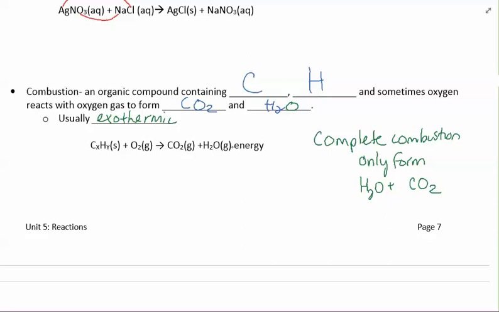You might have a carbon monoxide detector in your house. It's a very poisonous gas, so that would be another example of incomplete combustion. Incomplete combustion forms something in addition to carbon dioxide and water, such as carbon monoxide or some other substance.